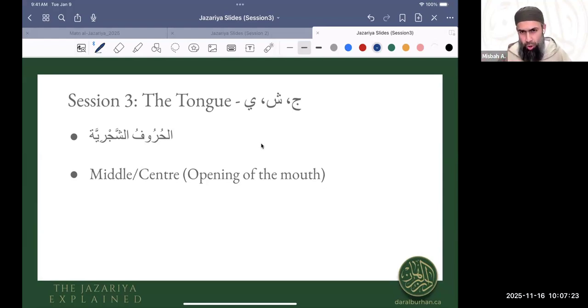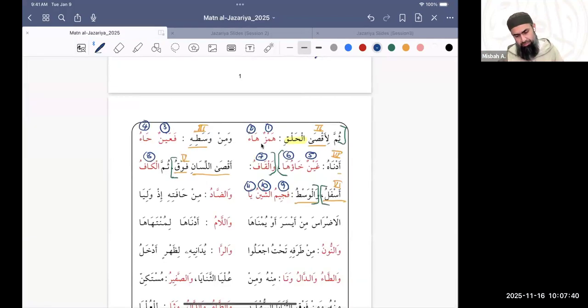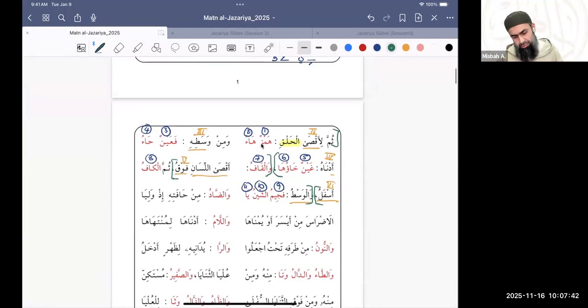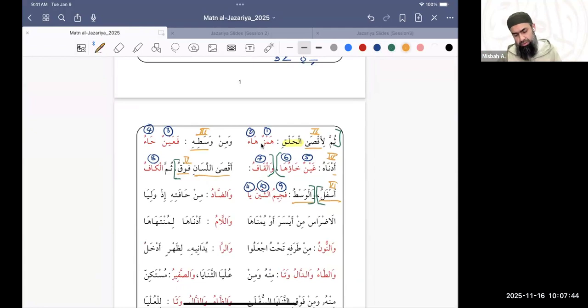Some have referred to it as the opening of the mouth, the main opening where the bulk, the dome and the tongue are. Not the front where it reduces and the back where it's also kind of tighter. So we go back to the text and we continue. We've covered another makhraj, and this is the middle of the tongue.